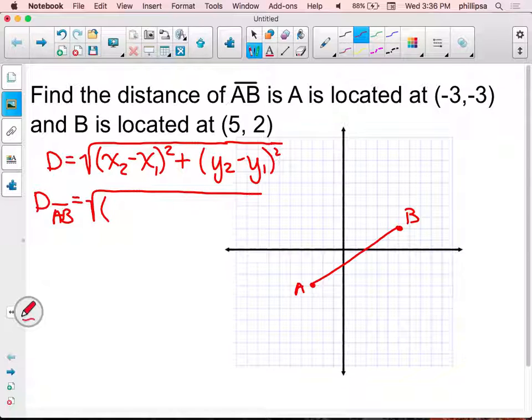So for x2, I'm going to use my 5 on my B. And for x1, I'm going to use my -3 on my A. For y2, I'm going to use the 2 on my B, and for y1, I'm going to use the -3 on the A. Okay.